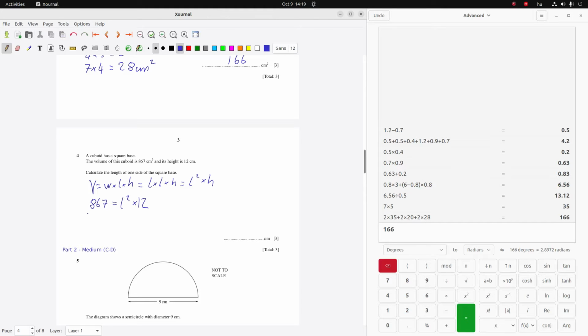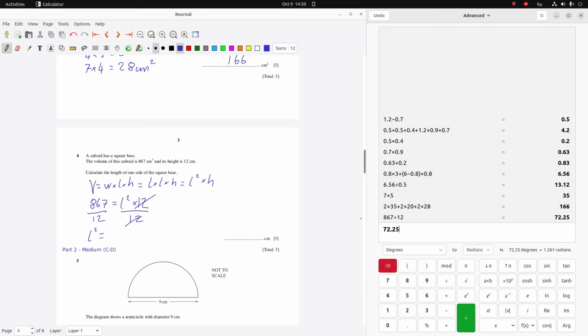If I divide both sides by 12, then the 12 on this side is going to disappear. So we end up with L squared is equal to 867 divided by 12, which is 72.25.